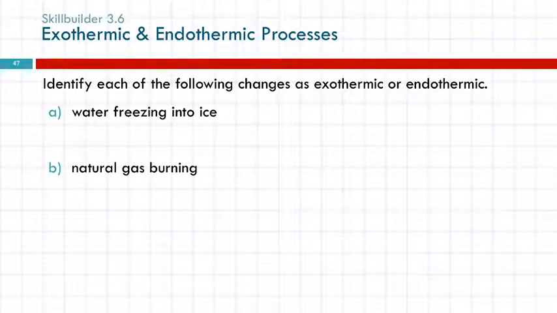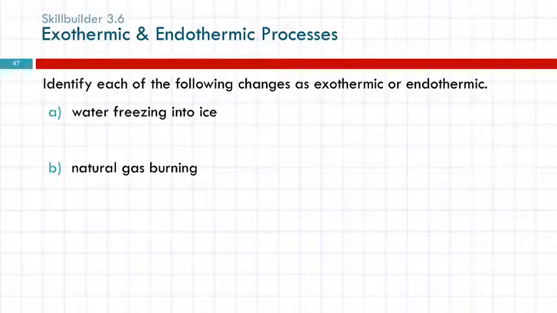So let's identify each of these changes as exothermic or endothermic. So water freezing into ice. Does that process release energy or absorb energy? That's hard to think about, isn't it? So think about ice.